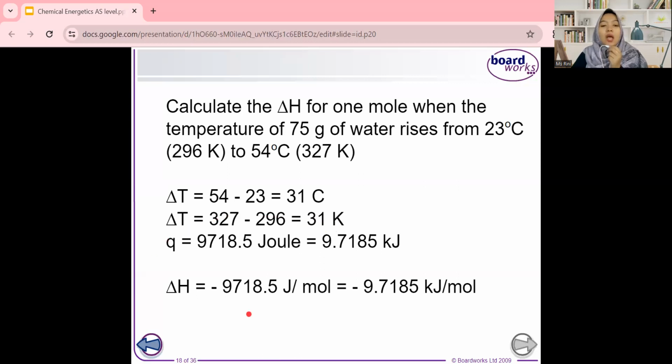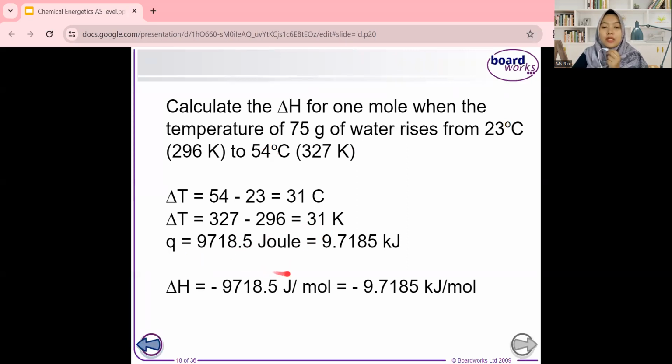Then using the formula, we calculate Q with the mass of 75 times C, the specific heat capacity of water that we know before, times delta T, which is 31.